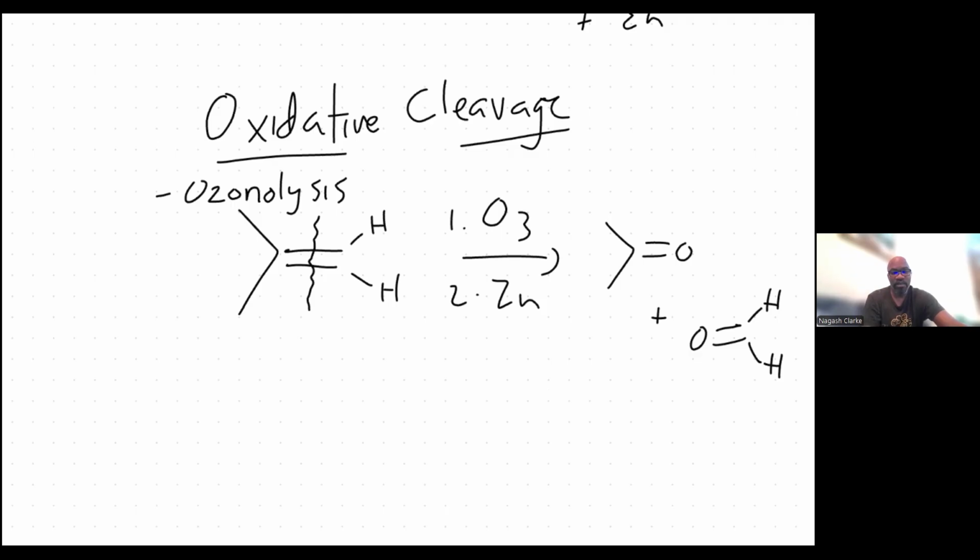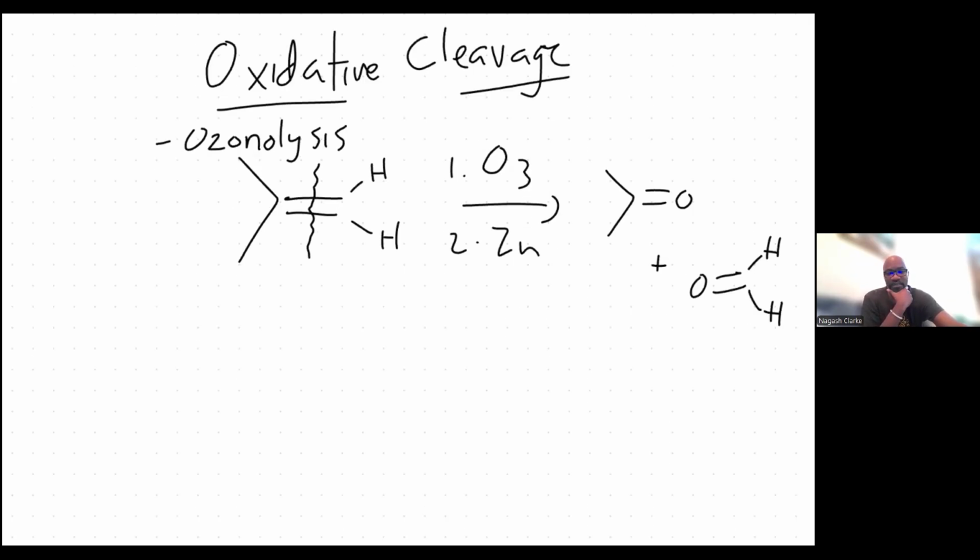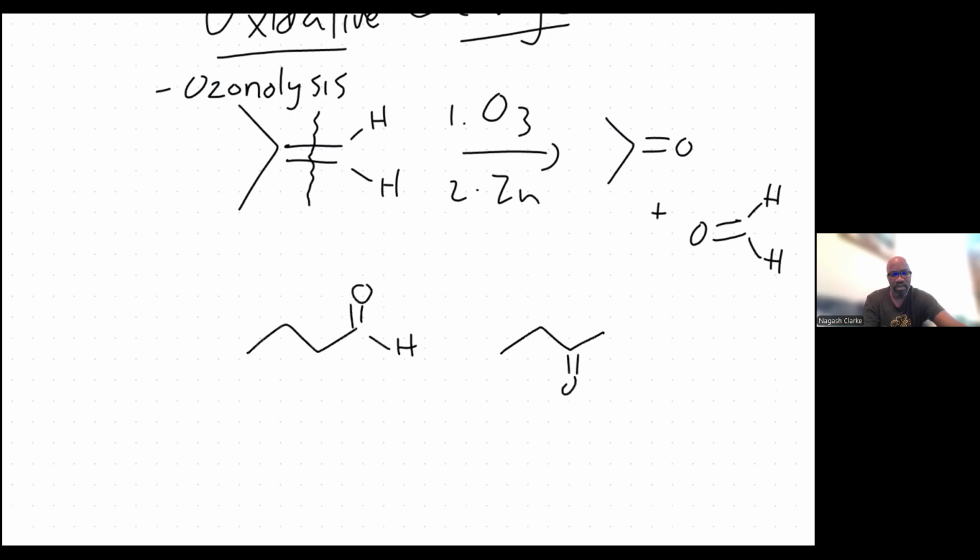So, for example, if I did a reaction and I formed, with ozonolysis, this aldehyde and this ketone, right? Or some alkene, and I did O3 and zinc, and I got these.